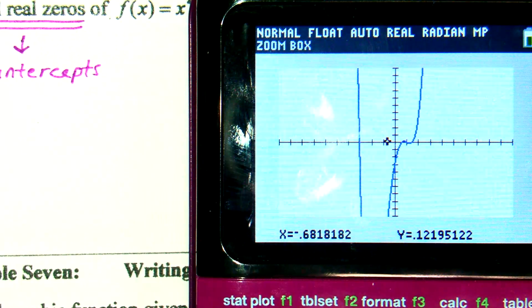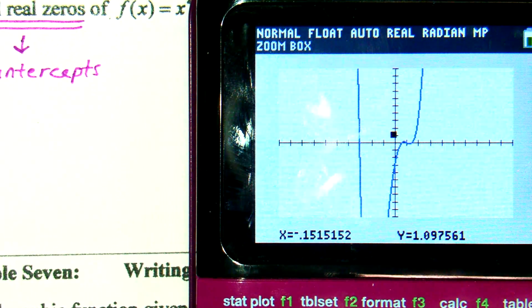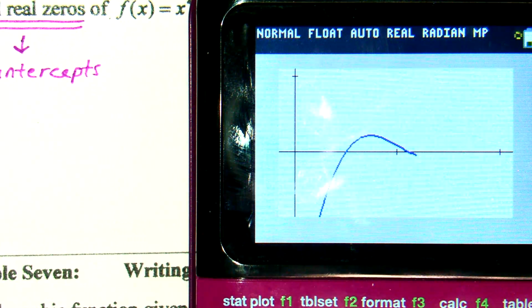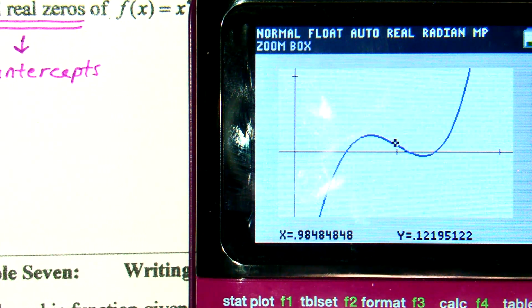So I'm just going to focus on this section right here. Hit enter at one corner, and then draw your box to a diagonal corner. I just want to see that section that goes from like 0 to 2, basically. I'm going to hit enter, and it's going to zoom me in. The reason this is so important is because now you can easily find your zeros. You're not trying to get a left and right bound when you can't even see what's going on. Okay? So, find your last 3.